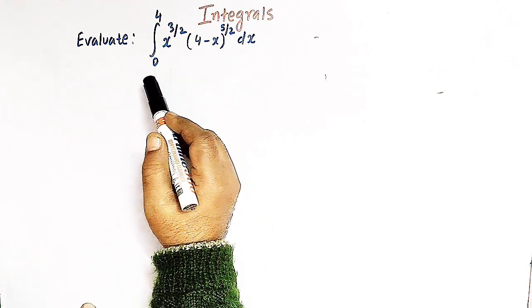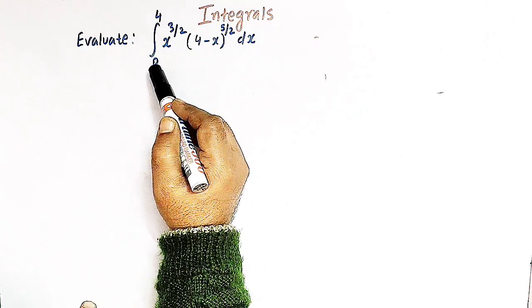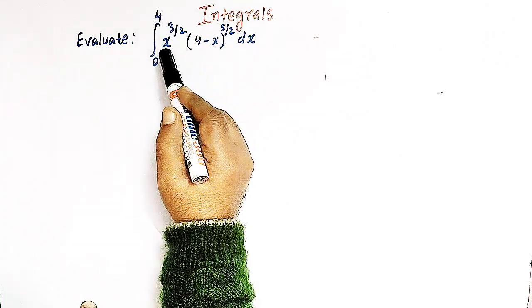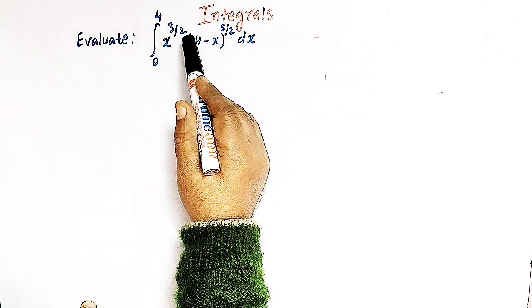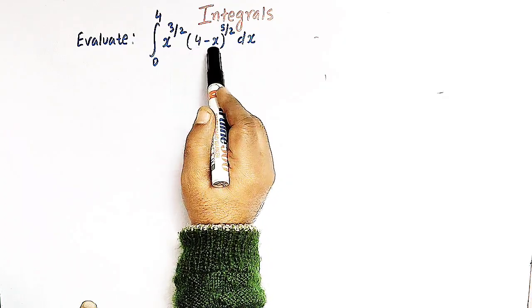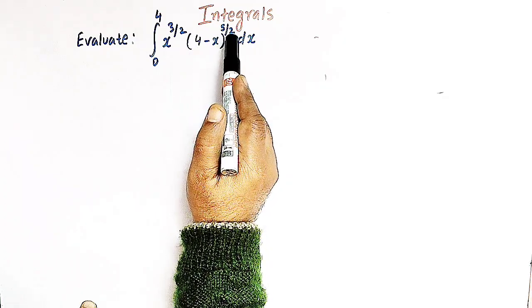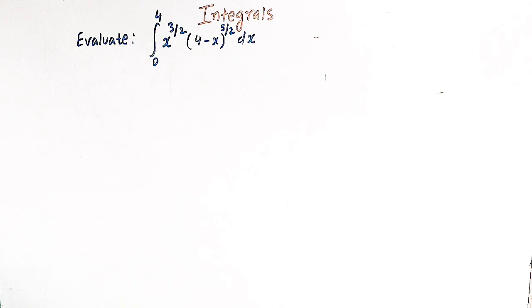Here we have the integral from 0 to 4 of x raised to 3 by 2, and 4 minus x raised to 5 by 2, dx. First we'll convert this integral into a beta function by using the method of substitution. So let us start.